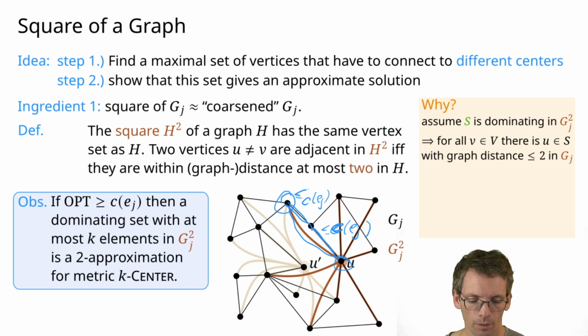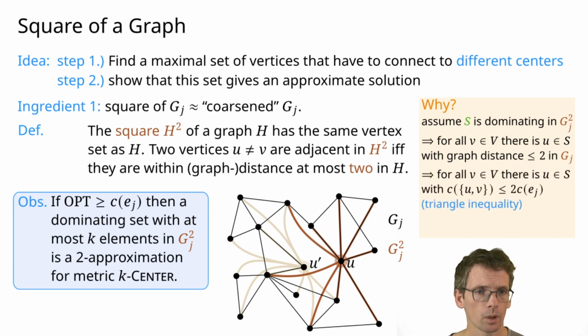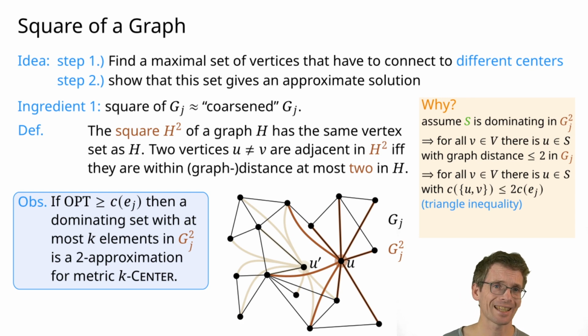Now the question is what is the cost of the edge between those two vertices. We're now talking about the original graph G. Because of triangle inequality, the edge between those two has to be at most the cost here and the cost there, which is bounded by 2 times Cej.